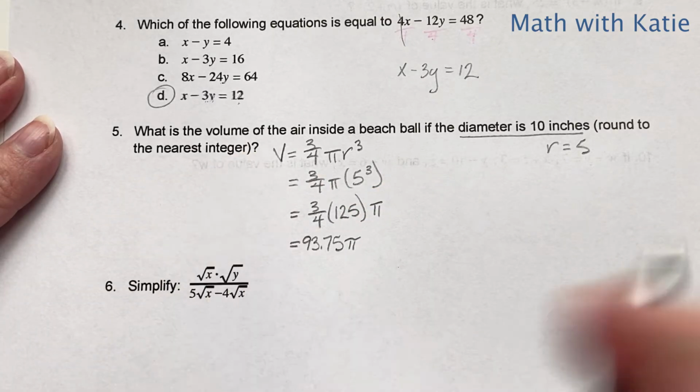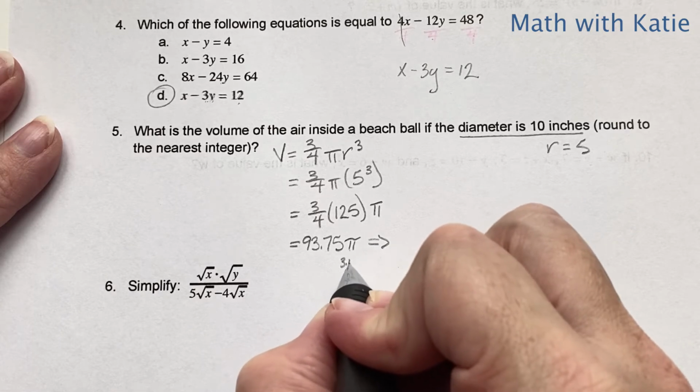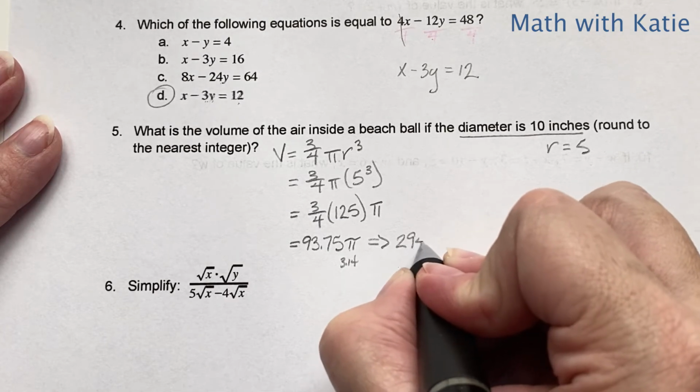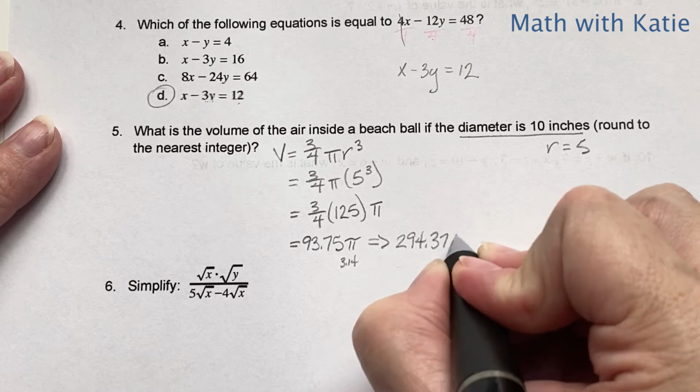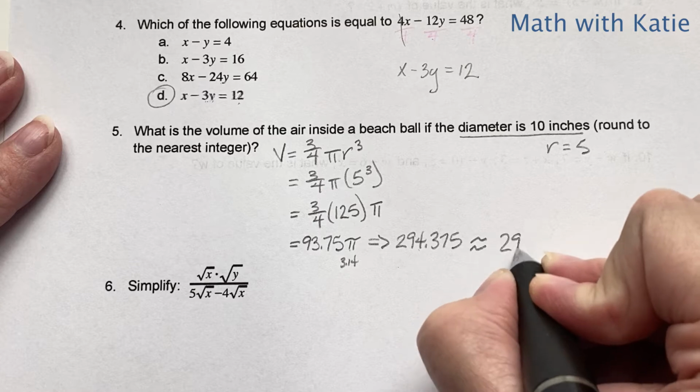And it says round to the nearest integer, so we'll multiply this by 3.14. Okay, so it's 294.375. Round to the nearest integer, and that'll be 294.